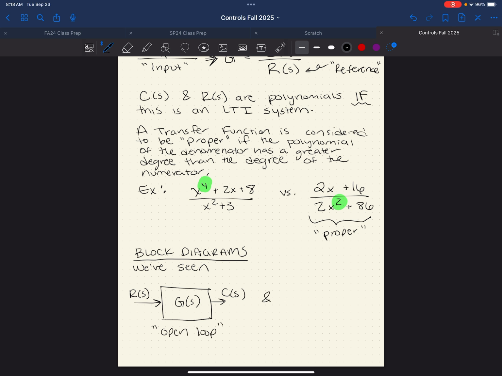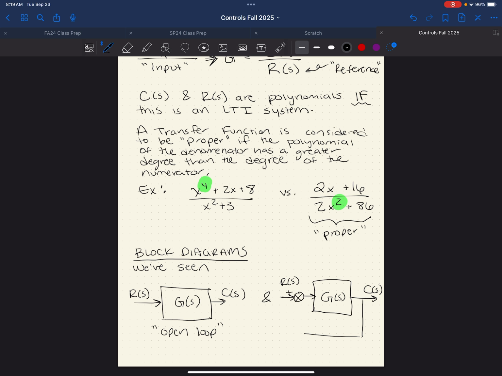We've also seen a closed loop block diagram. We have our reference signal that comes into our system block, gives our output C of s, which is then fed back in. And actually I need to improve this a little bit.